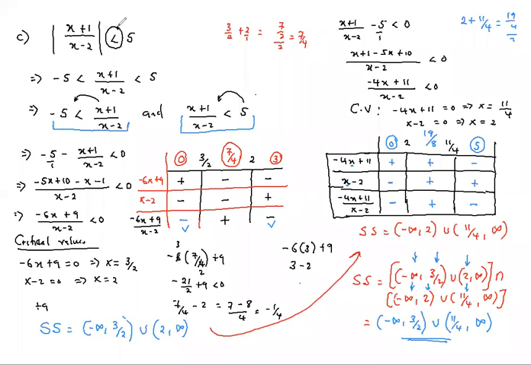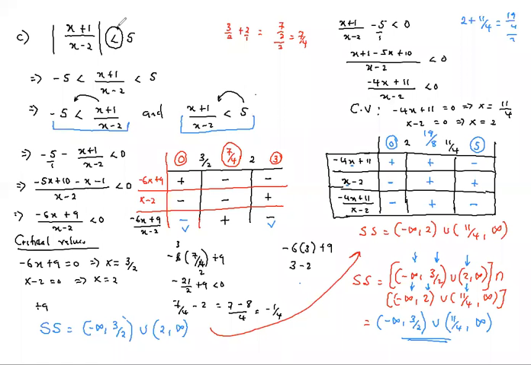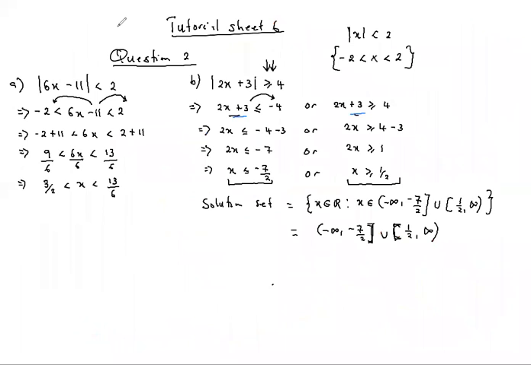Here, it was less than the constant, but here, it's greater than the constant. So question D follows B, where it's greater than the constant. So greater or equal to. For the greater or equal to part, we just take care of it when getting the boundaries. We include the boundaries, but if it's just greater, we don't include the boundaries.